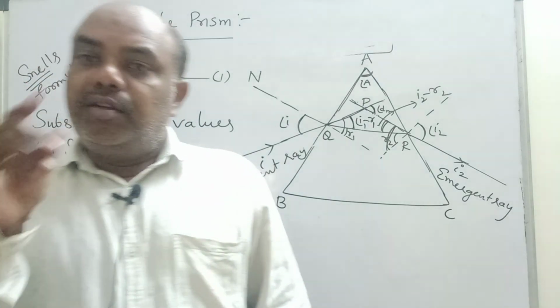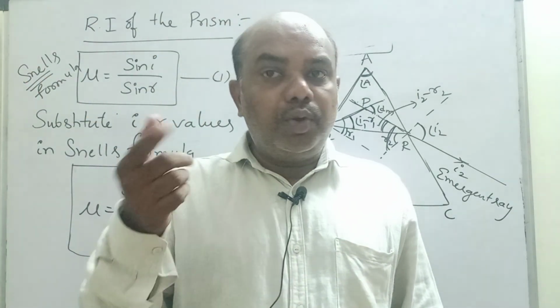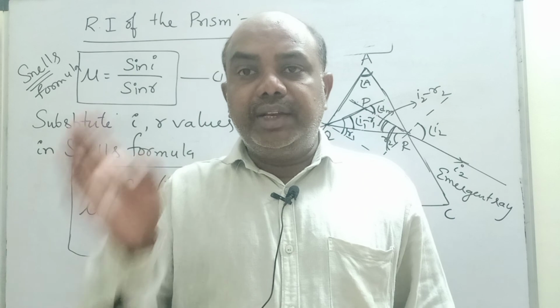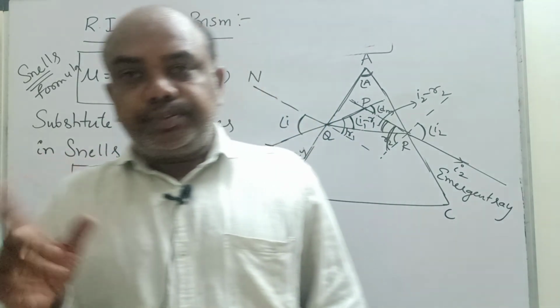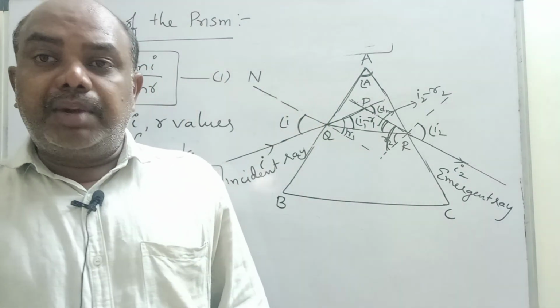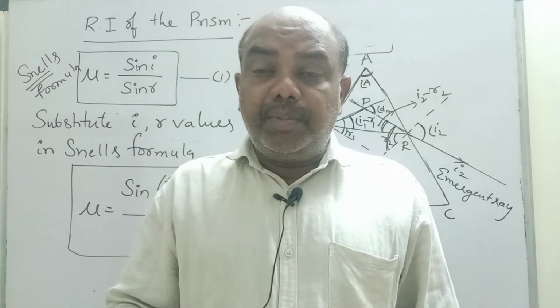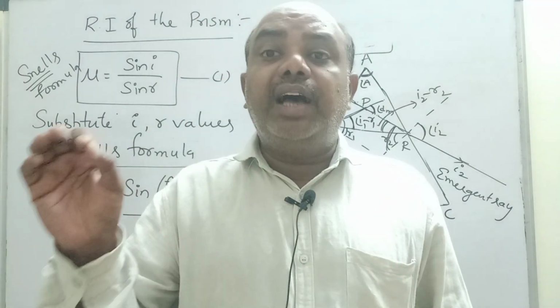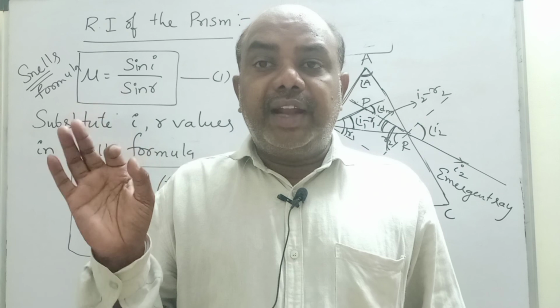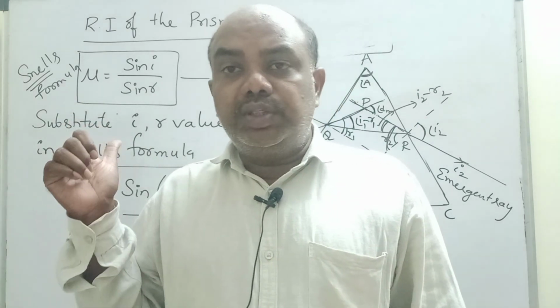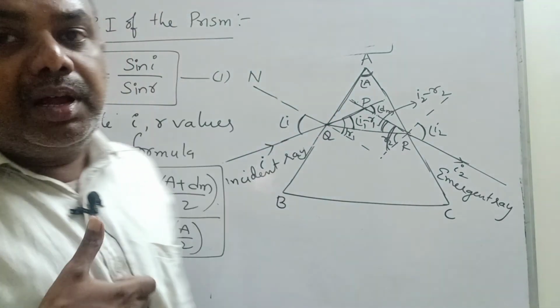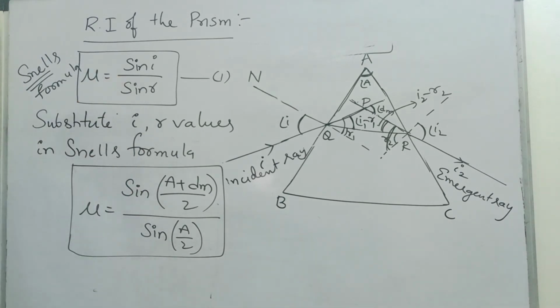How to find it? First formula, C by V. If you know the velocity in the medium, directly you can use C by V. If you don't know the velocity of light in the medium, then we have to use Snell's formula, mu is equal to sin I by sin R. This is the important derivation, the refractive index of the prism.